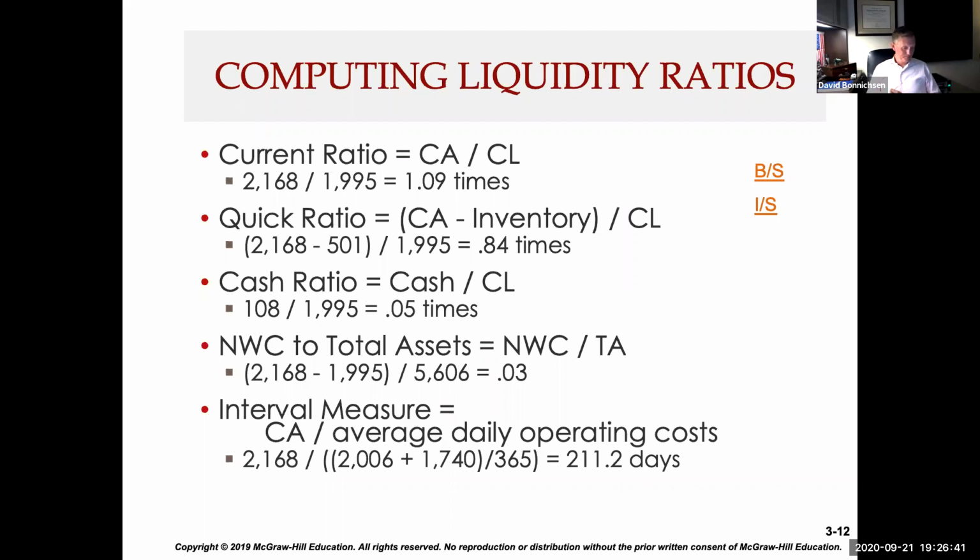So we're greater than 1, which is a good thing. We've got more current assets. We've got the ability to convert current assets into cash if we needed to in order to pay off our short-term debt. So that's great. It's a data point, 1.09 times.